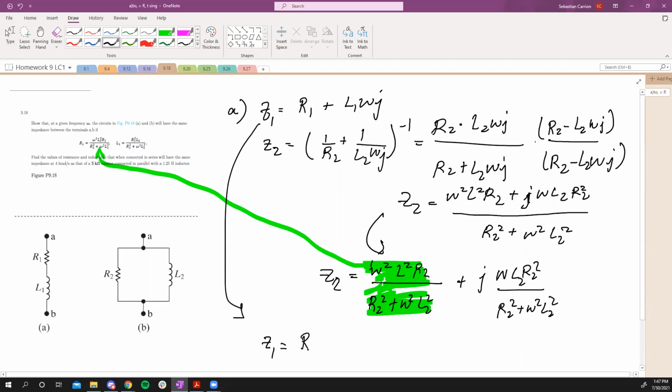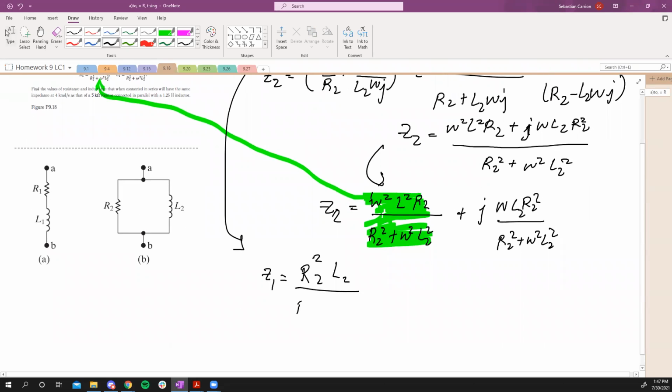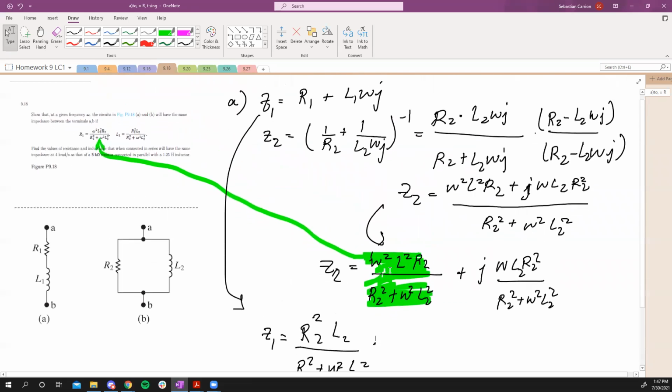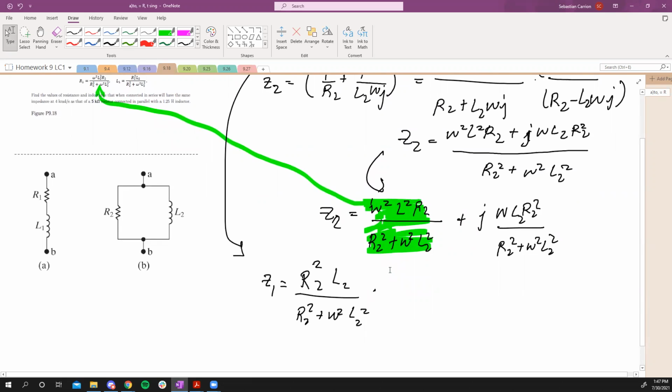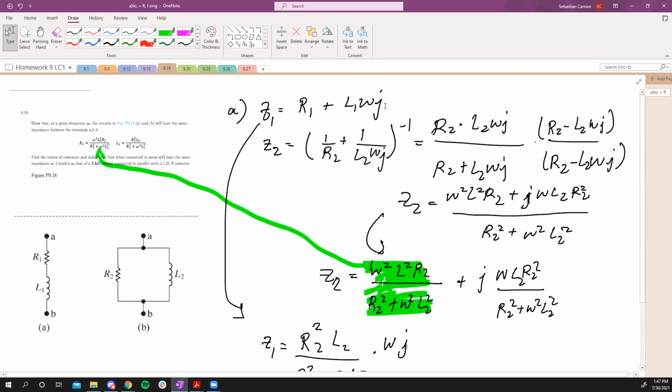You see R2 squared L2 over R2 squared plus omega squared L2 squared, times omega J, because we remember we have this omega and this J here.